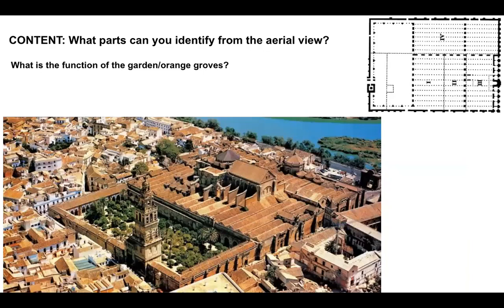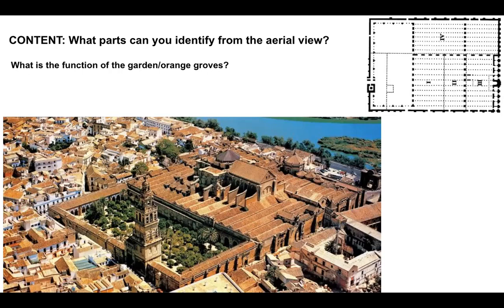Okay, so let's think about how we just went over the basic fundamentals of mosque design. We don't have a plan for this, but we have this great aerial view, and it's pretty close to a plan. What are some of the parts that we can identify by looking at this image? Where's the minaret?